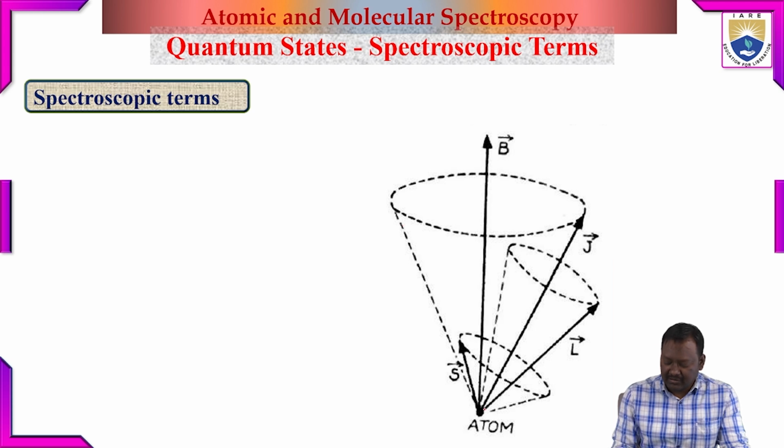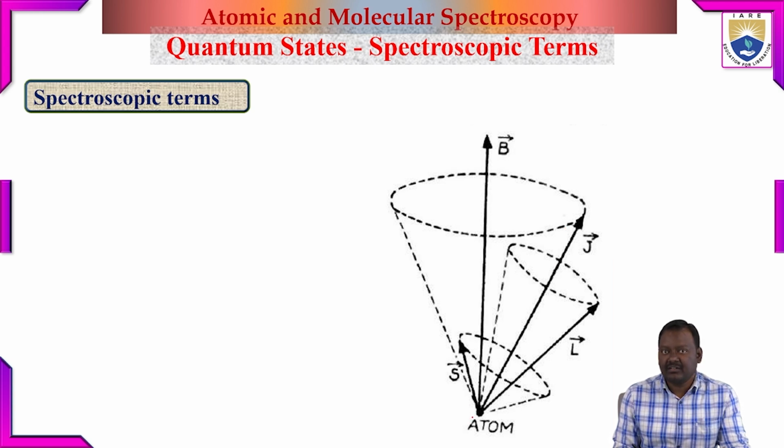See here, in general, for a single electron atom, we can see orbital angular momentum in this direction. L bar is the orbital angular momentum vector, and S bar is the spin angular momentum vector. These two vectors add up by the vector method and give rise to the total angular momentum vector J bar.